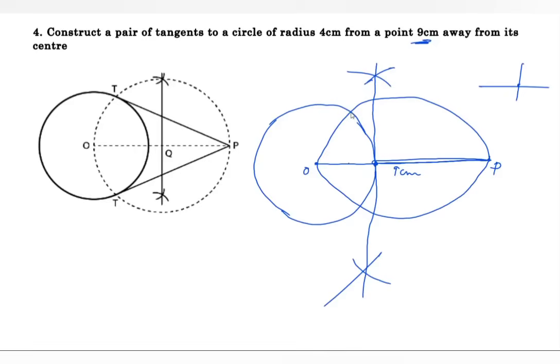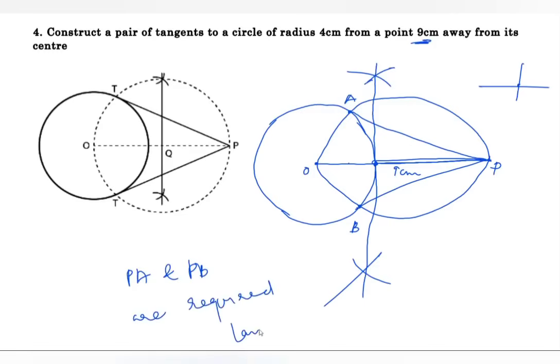After drawing the circle, the two circles are intersecting at these points. Join this. Name them as A and B. Now PA and PB are the required tangents.